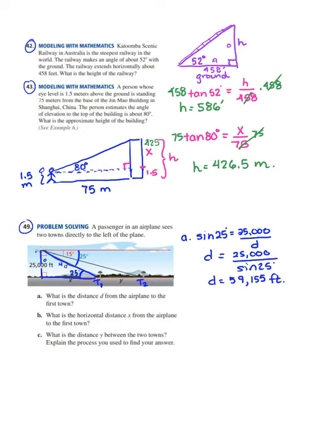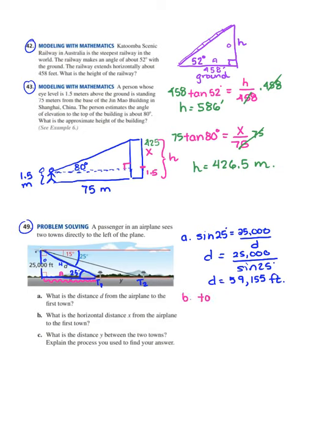What is the horizontal distance x from the plane to the first town? So now we're looking for this. Now, this is interesting because we know 25,000, we now know D. You really could just do Pythagorean theorem on this one. It's up to you. Or you could do trig. Since this is a unit on trig, I'm going to do trig. So I've got the adjacent and the opposite, which is a tangent.